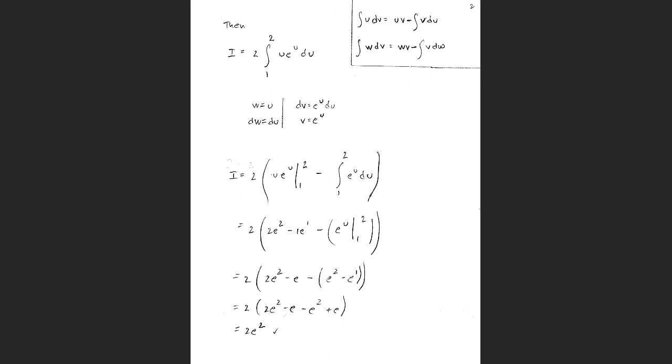And I'll make another comment too while I'm at it. I think it's just worth commenting. Let's suppose that you had said, okay, I'm gonna let w equal e to the u, and I'm gonna let dv equal u du. If you did that, then dw would equal e to the u du, and v would equal u squared over 2.